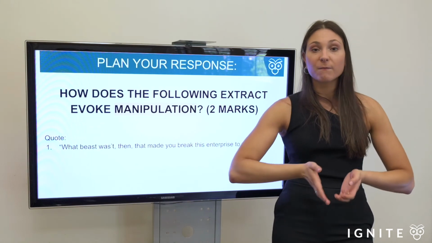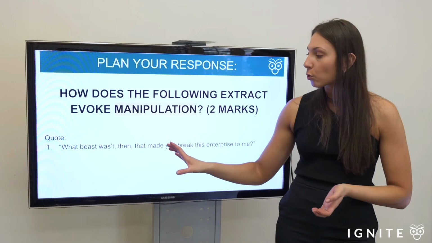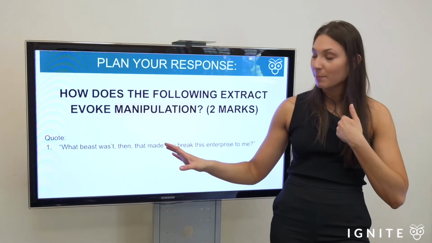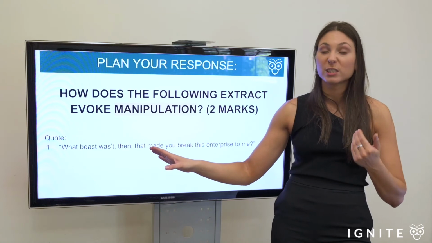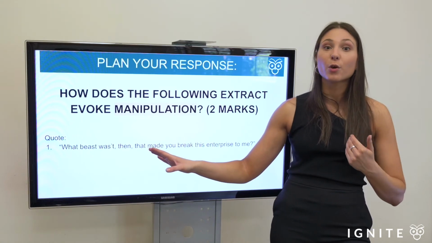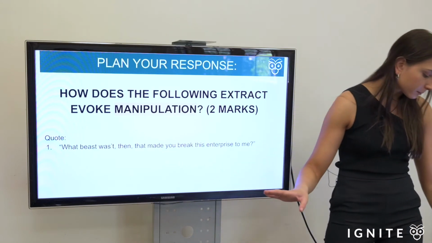So we're really feeling the penetrative force of what she's saying. So the rhetorical question is profound as it addresses us, it impacts us, and the plosives in beast and break emphasize how she feels she's personally been served an injustice by him not wanting to go further in this business.